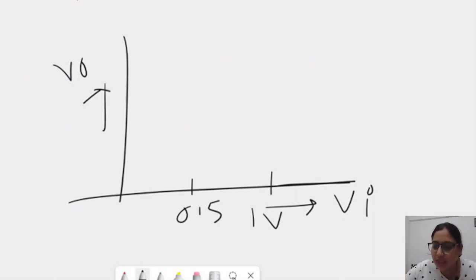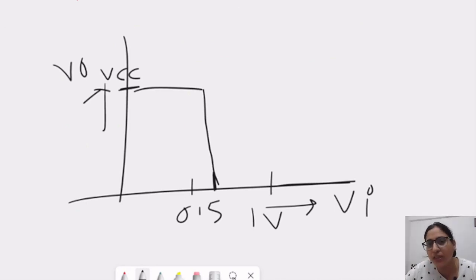If the voltage is below 0.7, somewhere here we have 0.7, then the output voltage we get is VCC. Till 0 to 0.7 volt, below 0.7, we are getting the output voltage as VCC. But in this window from 0.7 to 1 volt, the output is decreasing.